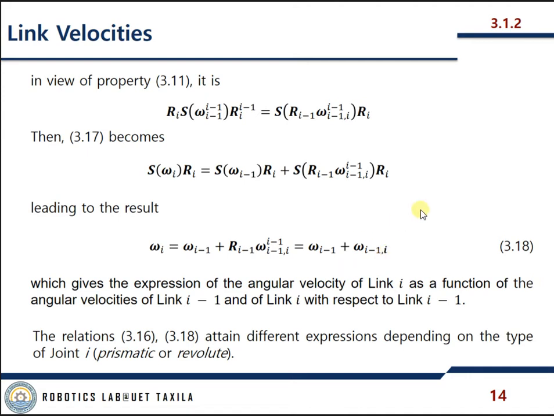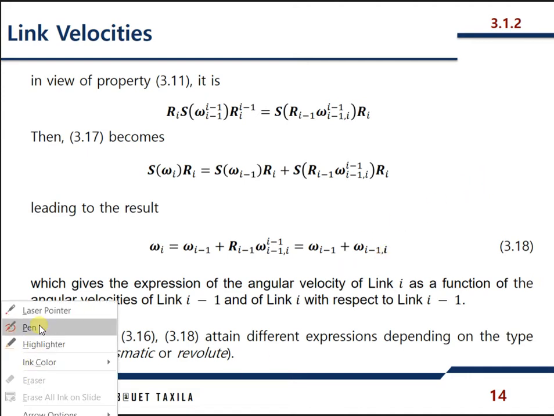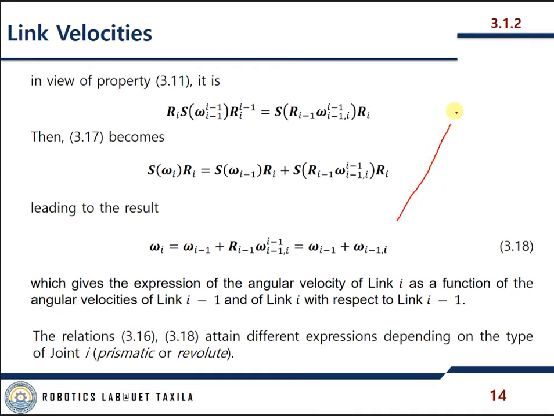So it means that if this is frame I minus 1, and this is frame I, and we want to measure the angular velocity omega of this frame, it's going to be a function of this frame's angular velocity.